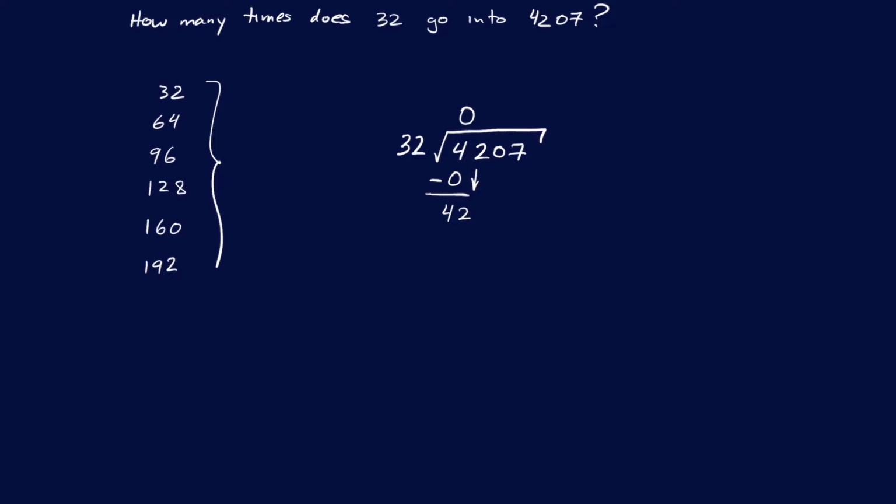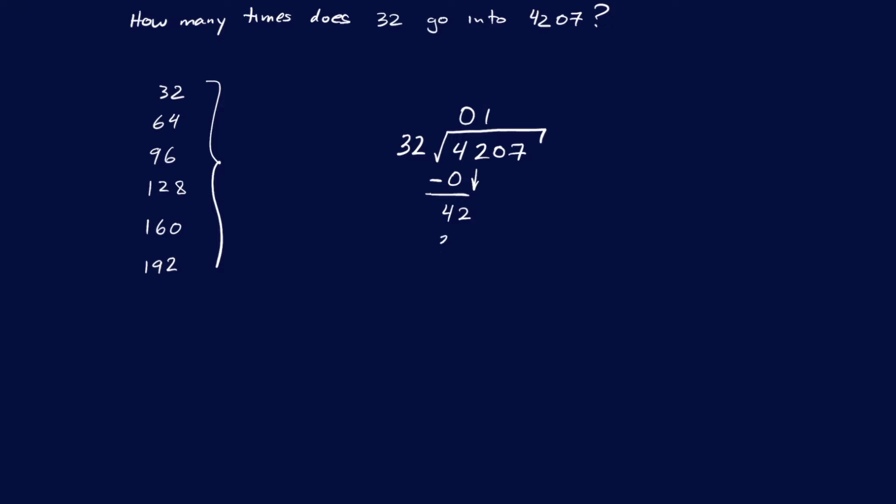So now we're going to figure out how many times 32 goes into 42, which is once. Because if you look at the multiples of 32, 64 is bigger than 42, so 32 only goes into 42 one time. So now we're going to multiply 32 by 1, and write that down underneath the 42.